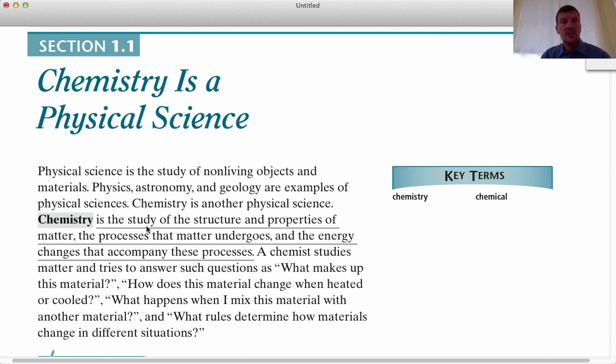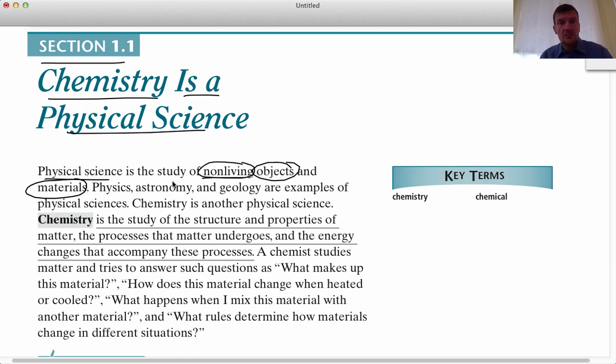Alright, you've done the review questions, and let's dive into section 1 here of this chapter, talking about chemistry as a physical science. What we mean by that simply is that a physical science is going to be looking at objects and matter, materials, basically focusing on non-living objects.